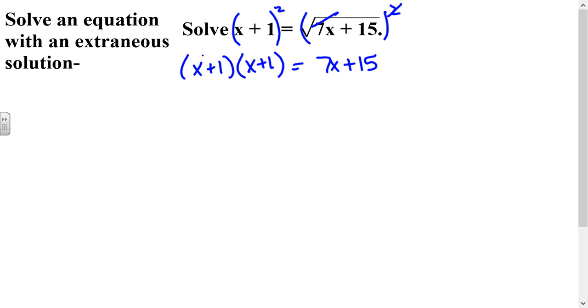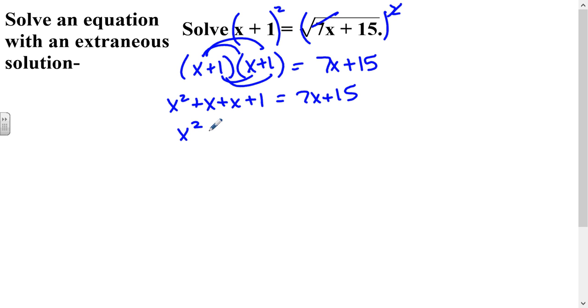Now on this side, we can double distribute. So x times x would be x squared. X times 1 would just be x. And if we distribute the 1, we get x and then plus 1. And then if we combine like terms on this side, we get x squared plus 2x plus 1 equals 7x plus 15. Now for this type of equation, since we have x squared in there, we're probably going to have to factor.